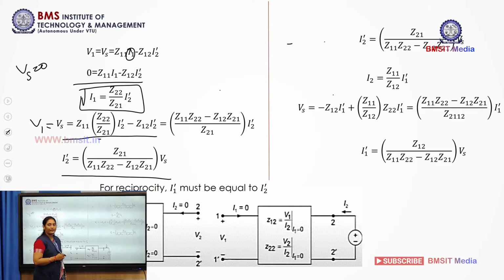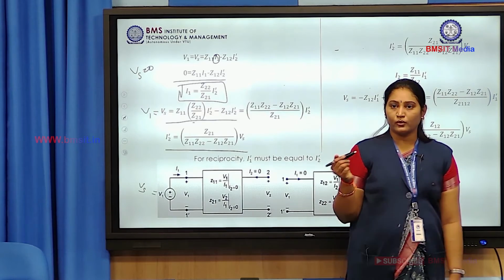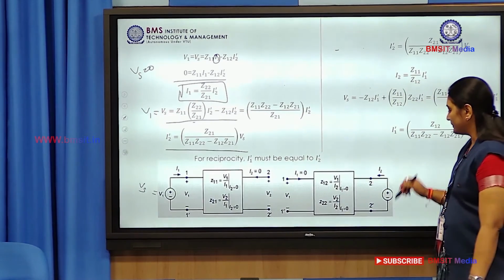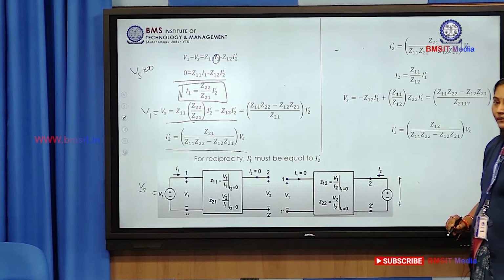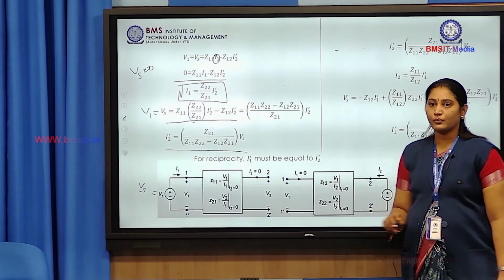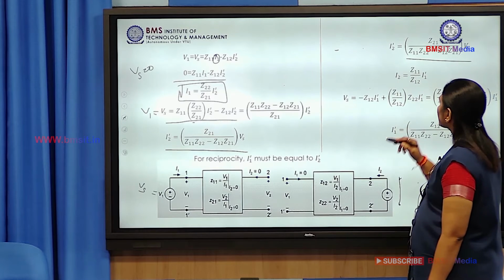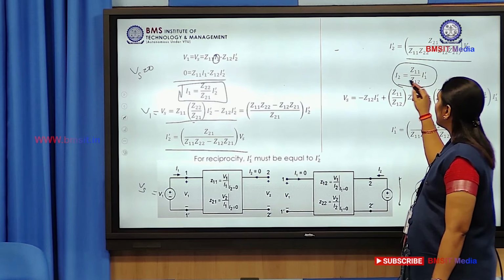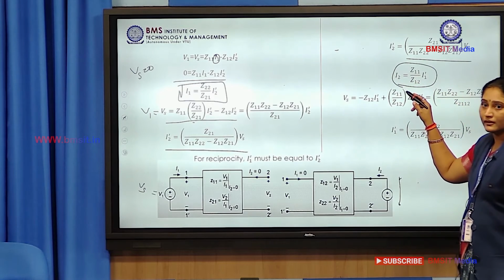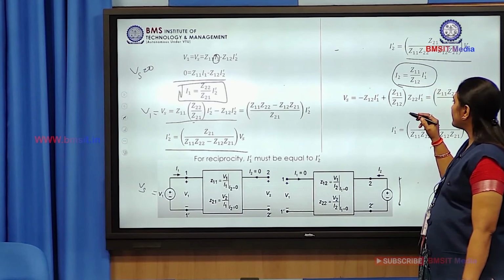In order to find I1 dash, again we have to short circuit port 2, and we will evaluate I1 dash. So again, I2 is nothing but Z11 by Z12 into I1 dash.